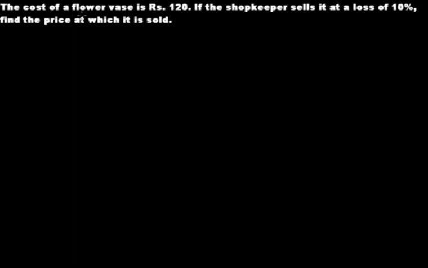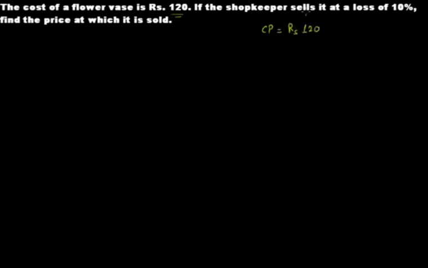The cost of a flower vase is rupees 120. If the shopkeeper sells it at a loss of 10%, find the price at which it is sold. So, in this question, the cost of a flower vase is rupees 120, so the cost price is rupees 120.